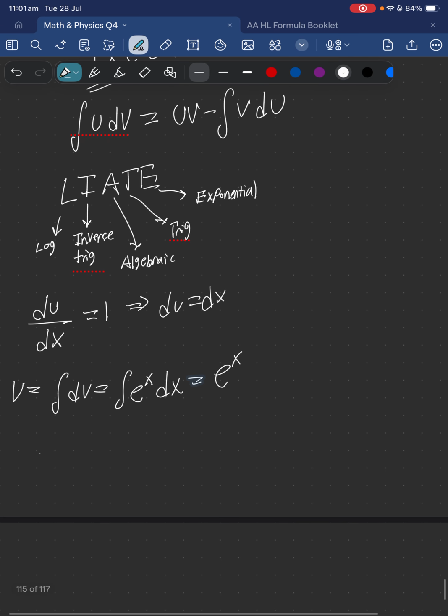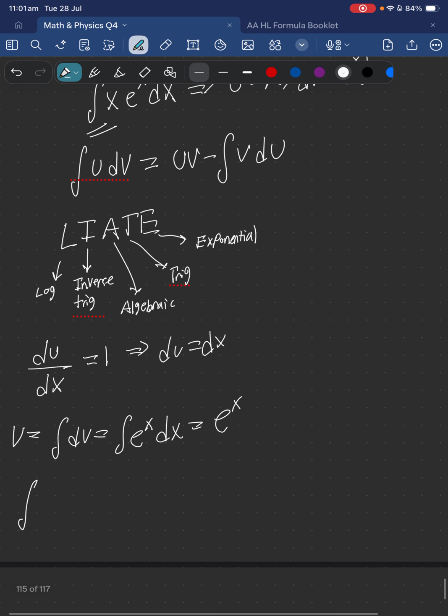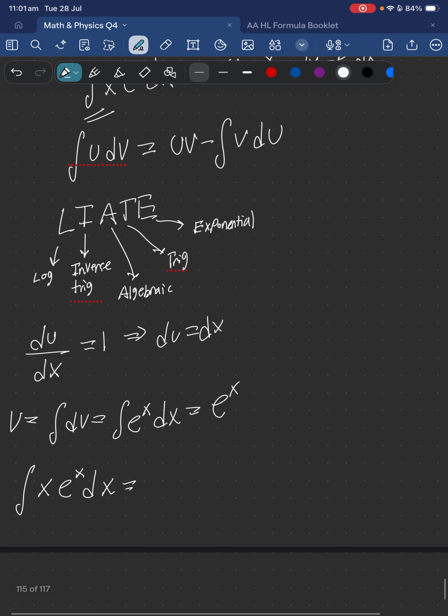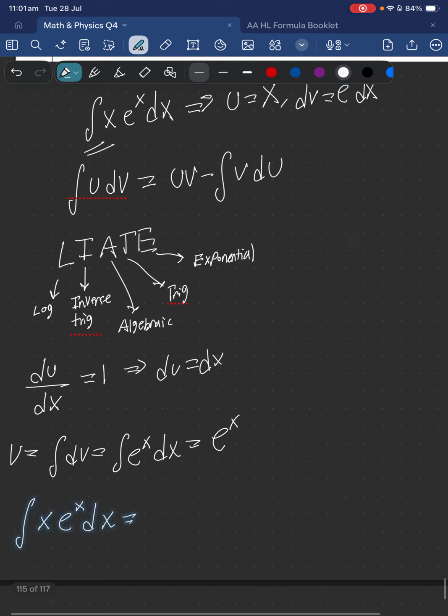So combining everything together, we've got the integral of u dv, which is just x times e to the power of x dx, is equal to uv, which is going to be x times e to the power of x, minus the integral of v, which is e to the power of x, and du, which we said is dx.